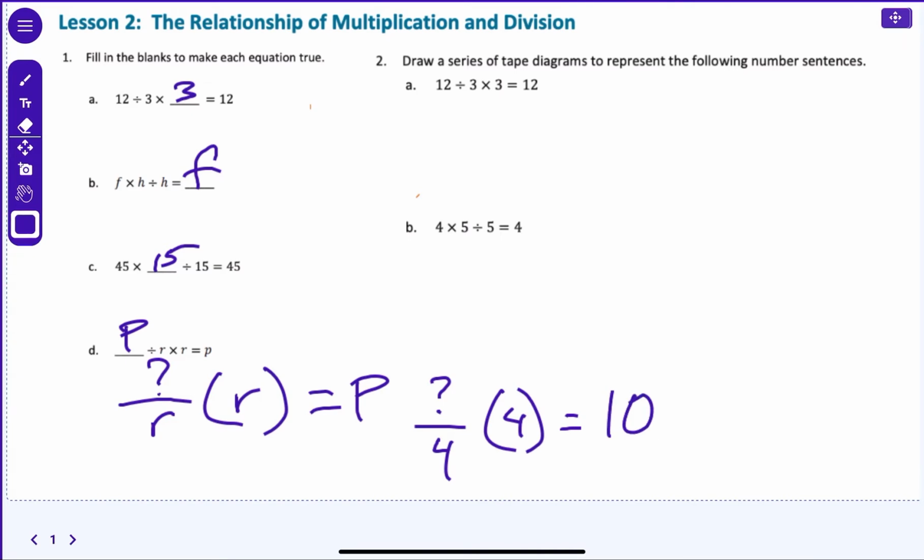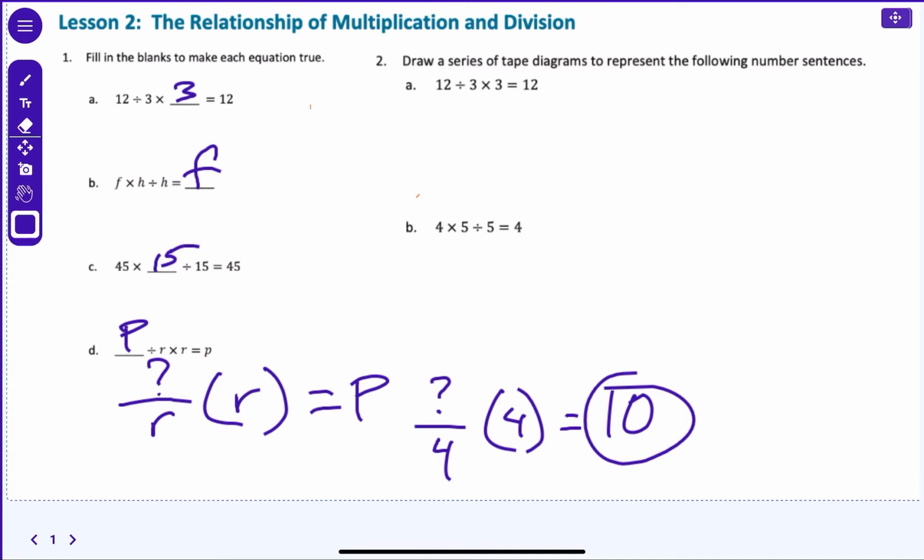What that says is, how many fourths times 4 equals 10? 10 fourths times 4 equals 10. Okay?